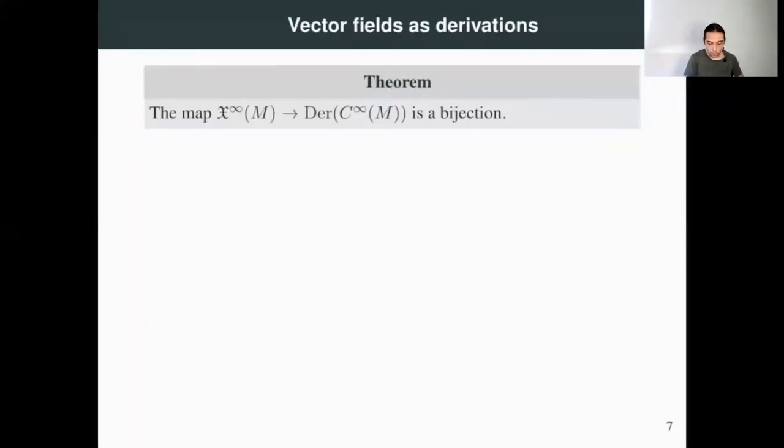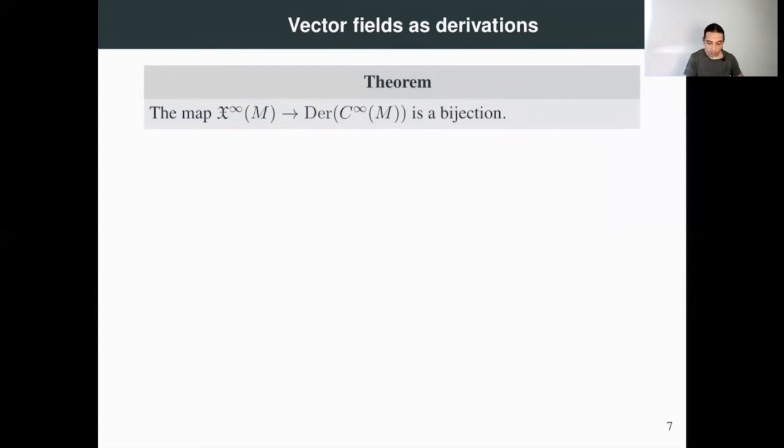And what we want to see now is that this map is indeed a bijection. In other words, it's injective, and every derivation is induced by a vector field. Okay? How can we do this? The most difficult part of this proposition is, of course, proving that this map defined over here is surjective. Okay?